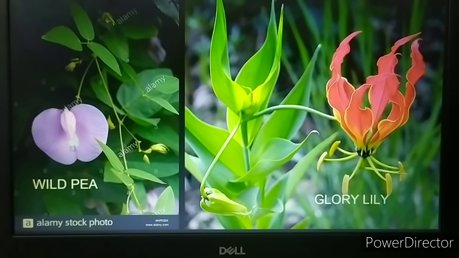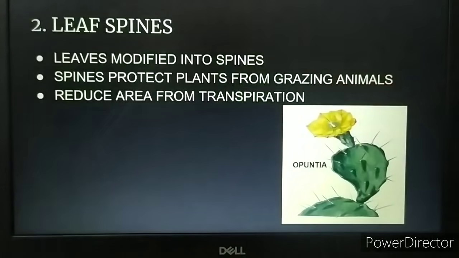Now, the next type of leaf modification is known as leaf spines. So let us first know the need of these leaves to modify into spines. The leaves of these plants modify into spines to protect the plants from the grazing animals like cow, goat, those animals which depend on plants for their food.